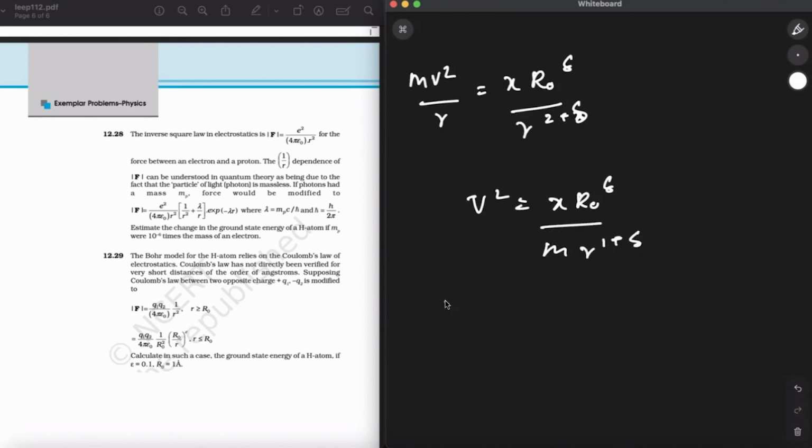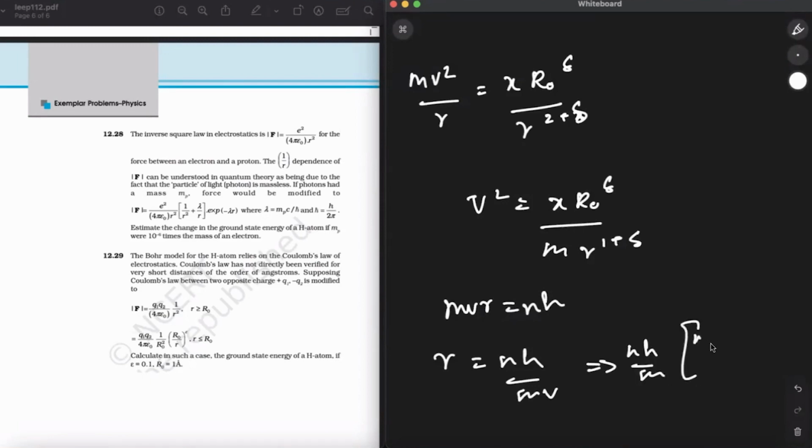So mvr is equal to nh. r can be written as nh upon mv, which is nh upon m, times the square root of m r 1 plus delta upon X r naught delta.